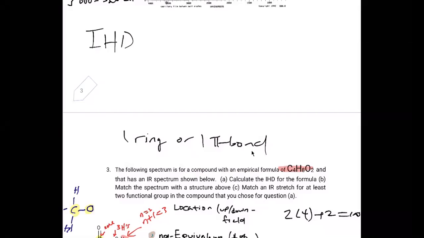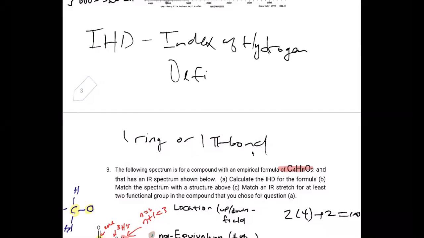All right, so the IHD is, again, the index of hydrogen deficiency. And what it tells me is the number of pi bonds or the number of rings.